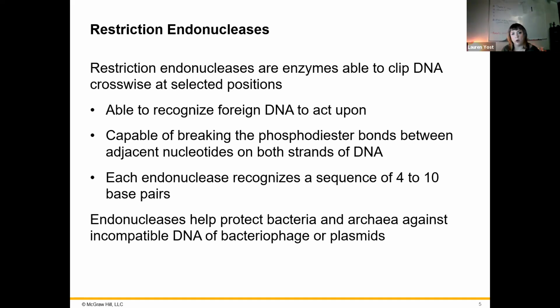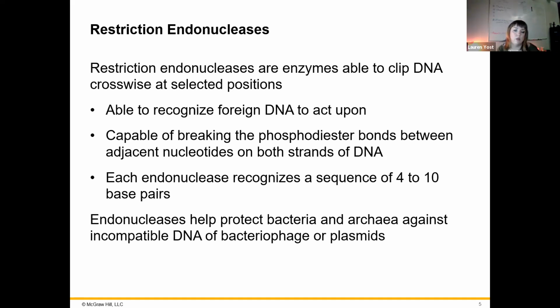They recognize foreign DNA and cut it up to get rid of it so it's not ruining how they're trying to live their lives. Instead, now we have hijacked that system and used them to cut DNA in specific predictable places. That helps us either identify somebody, which we'll get into in a moment, or create sticky ends that we can use to insert new pieces of DNA into those original pieces.